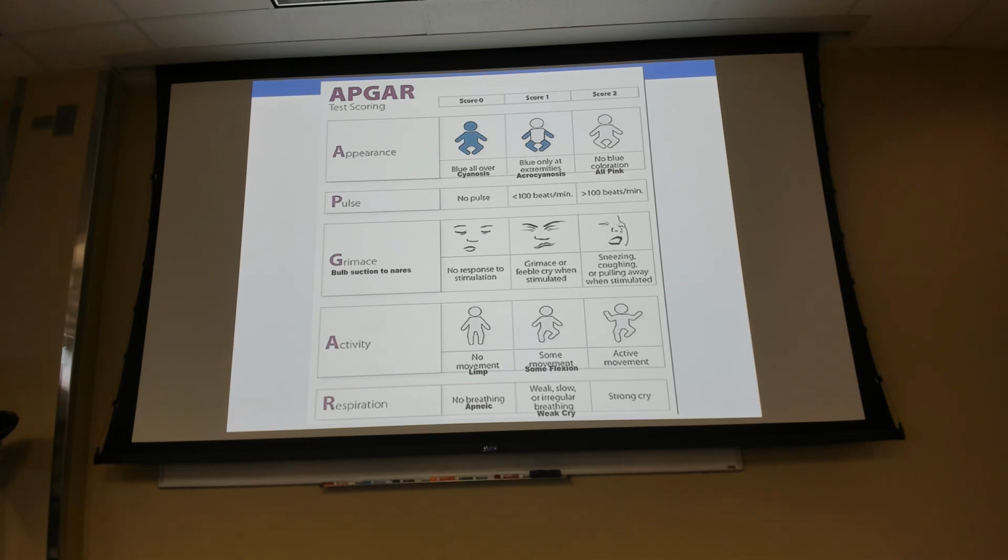If somebody ever said they have an APGAR of 10, you're like, that baby is totally pink in 5 minutes? I'm so sorry if your mom ever told you you were a perfect 10. Most babies are not perfect 10s for that reason. Most of them are acrocyanotic. So all blue, 0; all pink, a 2; acrocyanosis is a 1.